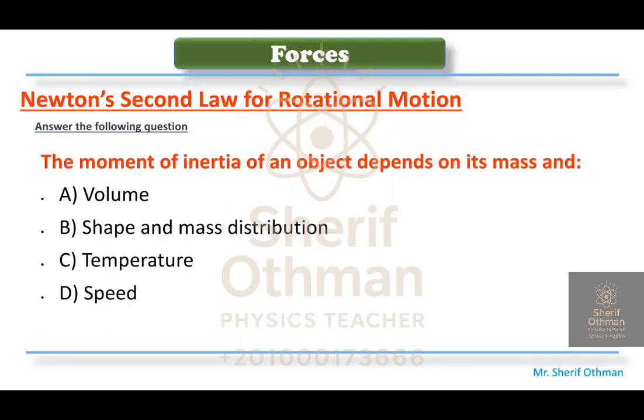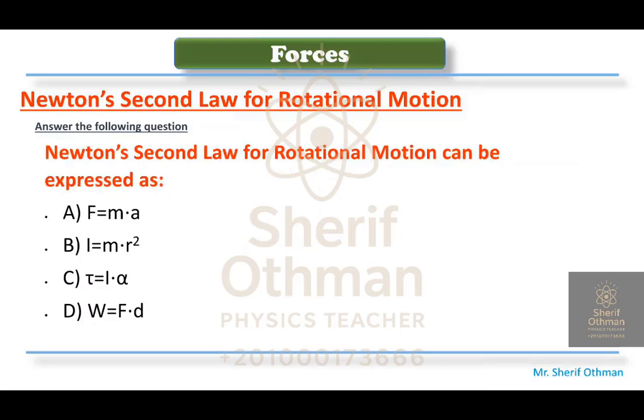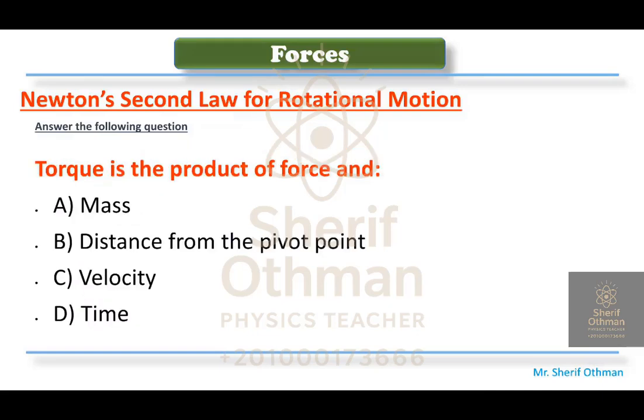The moment of inertia of an object depends on its mass, shape and mass distribution. Newton's second law of rotational motion can be expressed as I equals mr squared. Torque is the product of force and distance from the pivot point or rotational point.